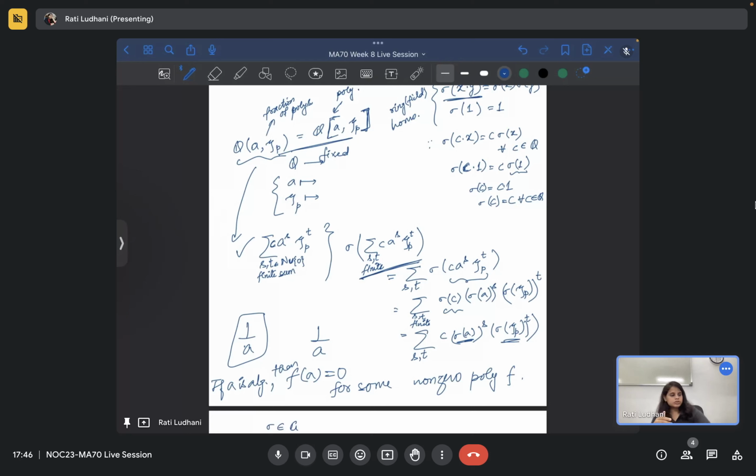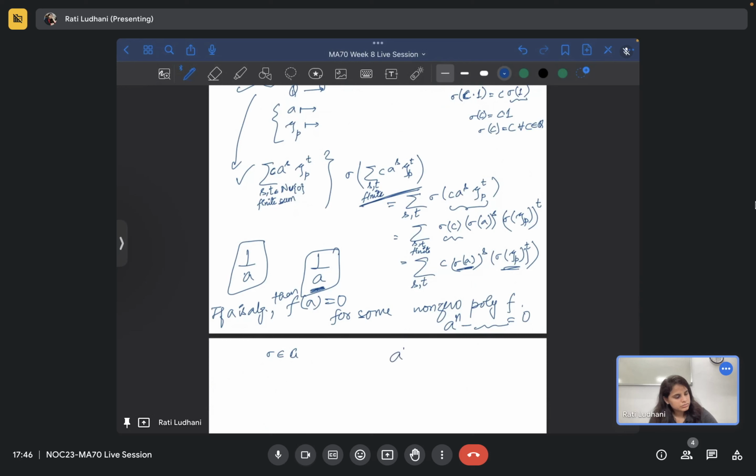Now 1 by a, this is something you need to write rigorously. But for example, what you need to find is a inverse. So you have some polynomial, let's say a raised to power n minus something is equal to 0. Let's take d1 a raised to power n minus 1, and you get dn.